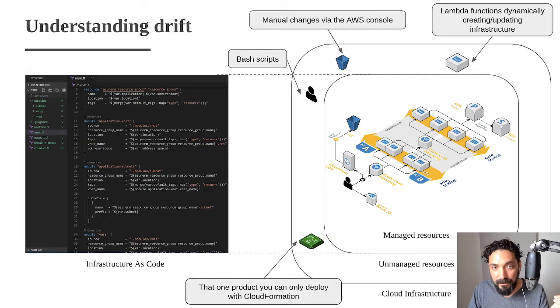So what are the causes of drift? There are many, but the major ones are manual changes, obviously, that you make directly on the AWS console. All the automated stuff like lambdas and microservices that are creating and modifying stuff. You know the story.